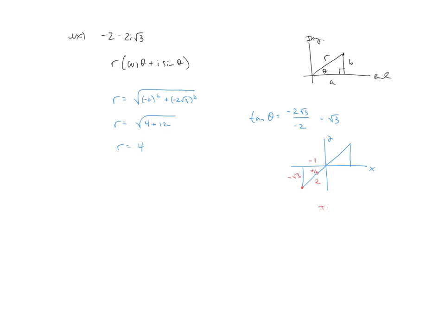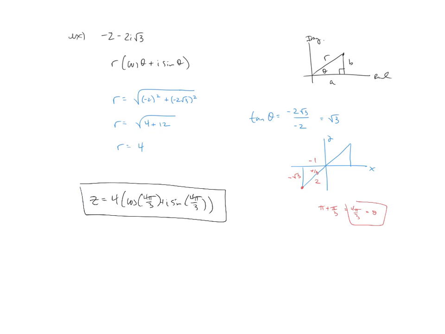So pi plus pi over 3 gives us 4 pi over 3, and so there's our theta value. So our final answer then, our complex number that we started with, z, would equal 4 times (cosine 4 pi over 3 plus i sine 4 pi over 3). So again, just a different way of writing the complex number.